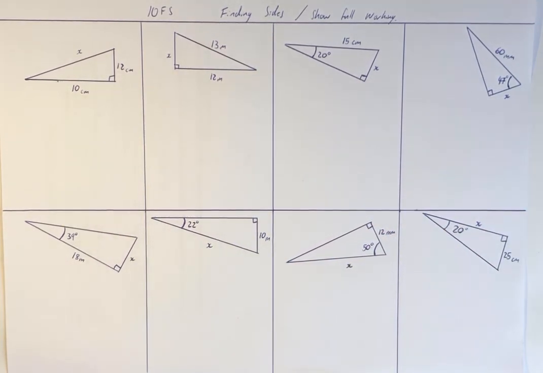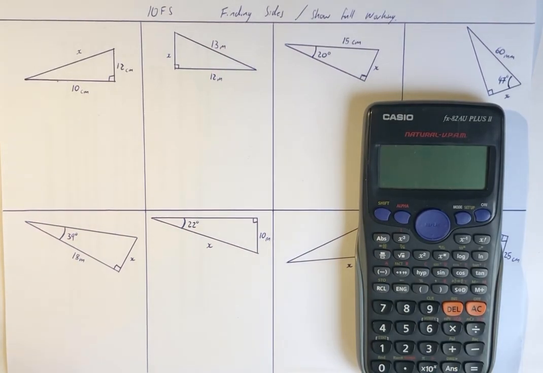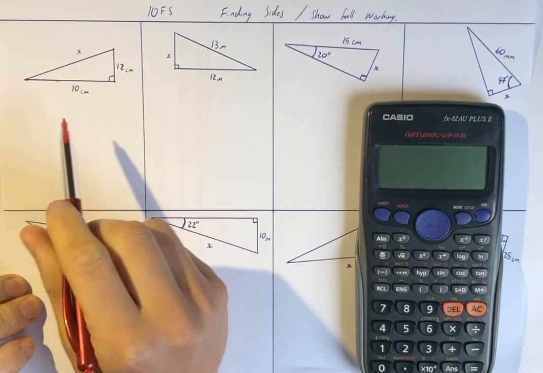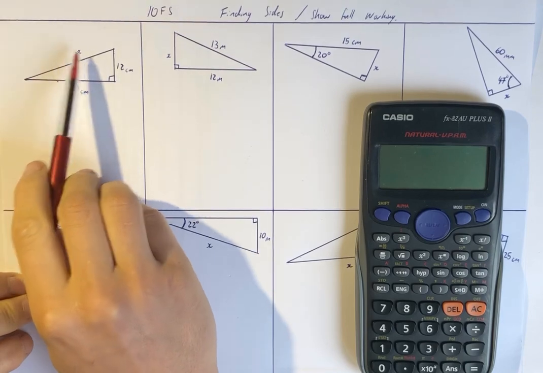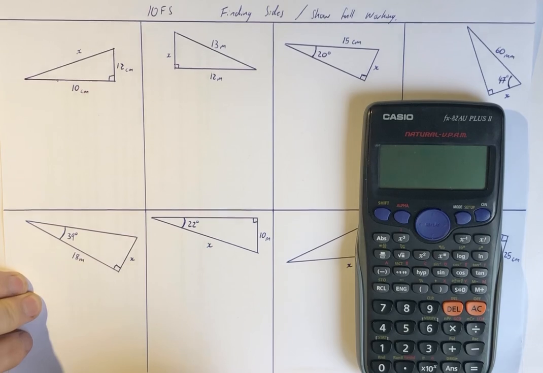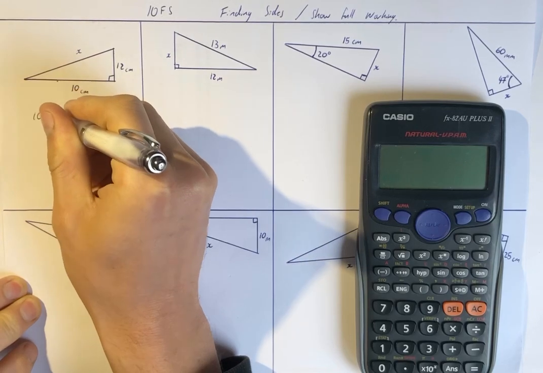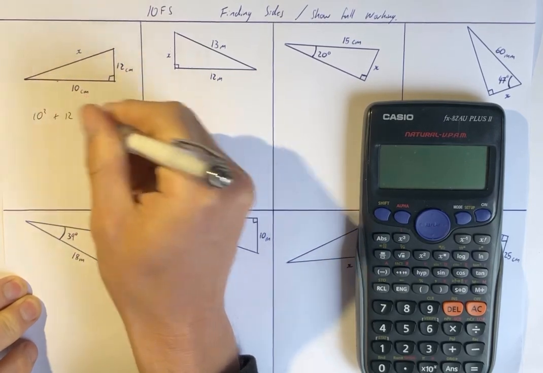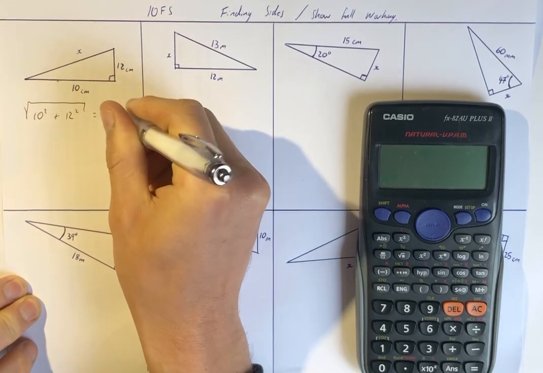So without further ado, we'll do a little bit of trig. I need a calculator for these problems as well. So the first thing you want to do is just check what sort of problem it is. Here we're finding a side, and we've already got two sides, so no angles are going to be involved. This is going to be Pythagoras, so it's the short side squared plus the short side squared, and that's all square rooted will give you that long side.